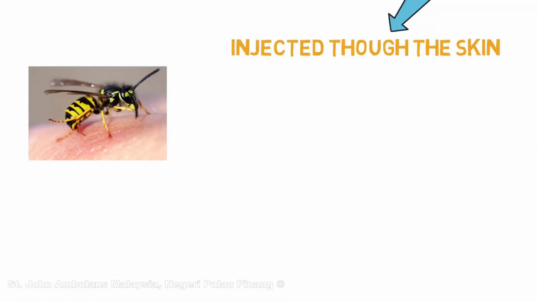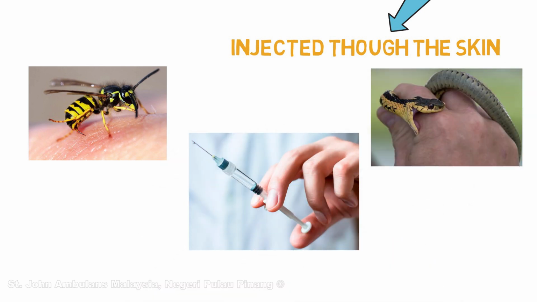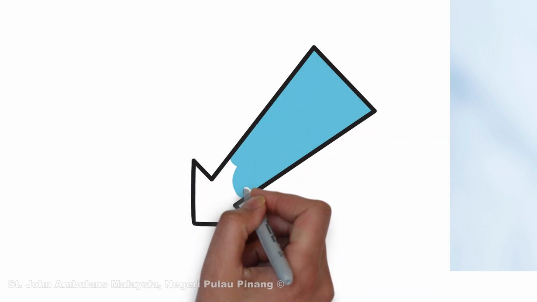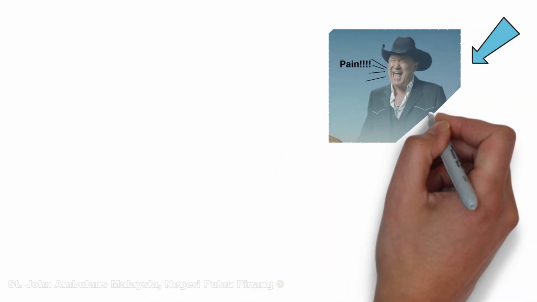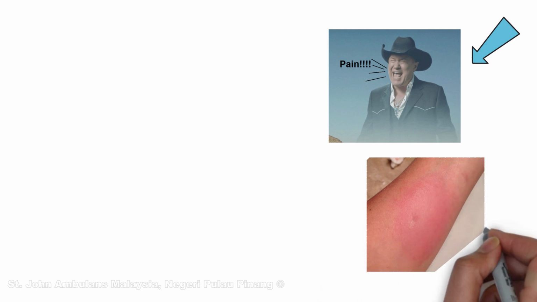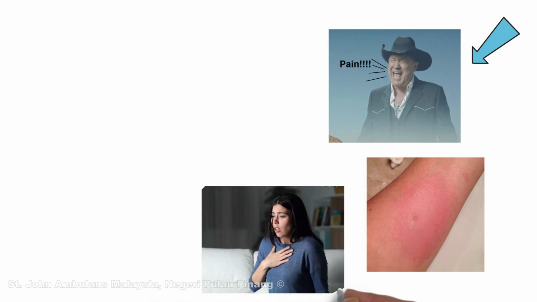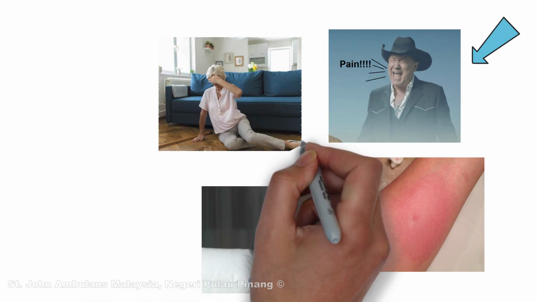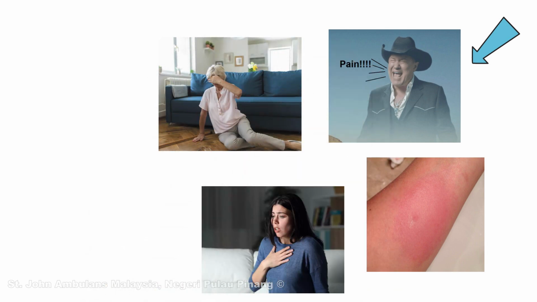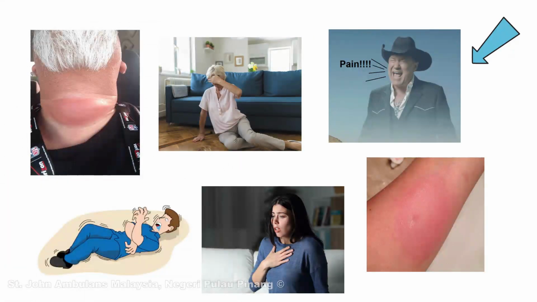Venom from stings and bites or drugs can be injected through the skin. This poison can cause pain, redness, and swelling, usually around the injection site. The casualty might have difficulty in breathing, decreased level of responsiveness, seizure, or sometimes anaphylactic shock.